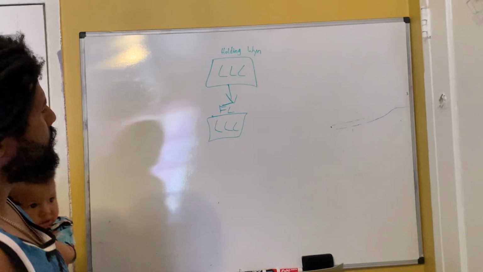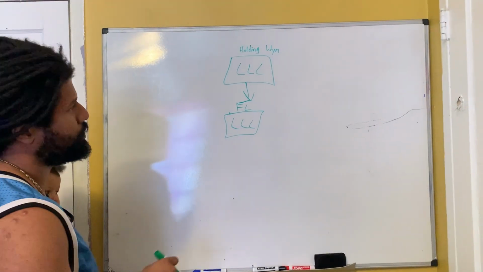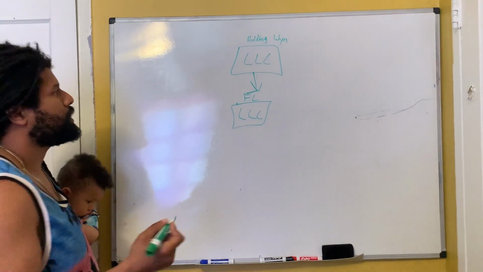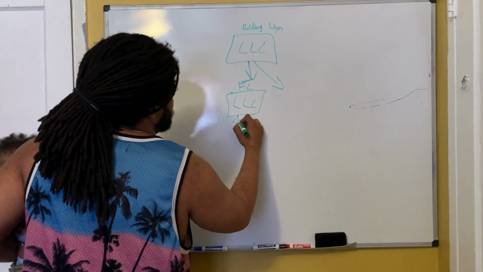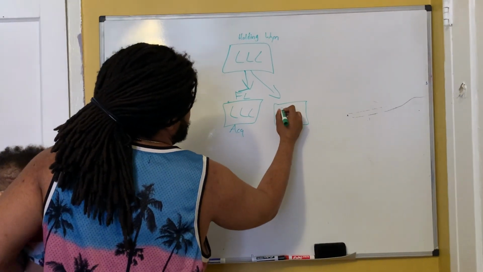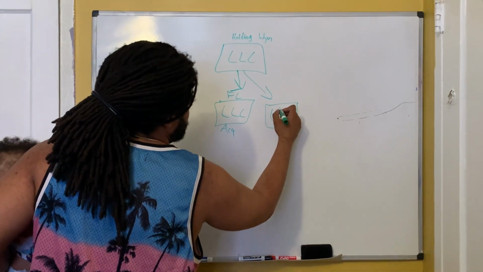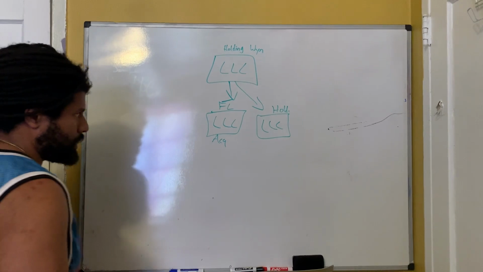Alright, so this is the most basic structure. So you want to always have two. Preferably start off with 3. So you have your one business that does, again, the acquisitions, and this LLC holds your assets, or however you want to set it up.